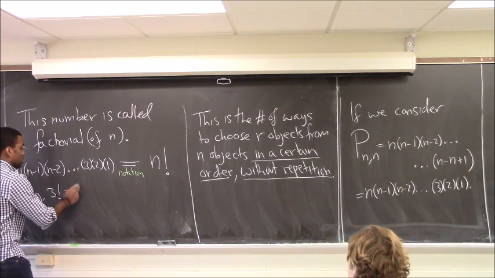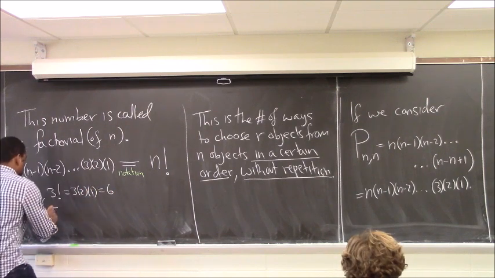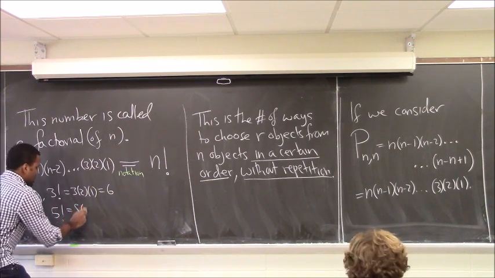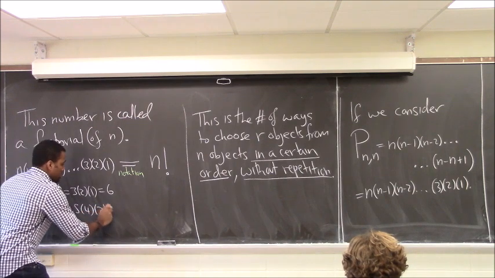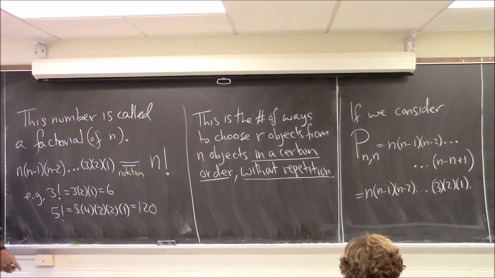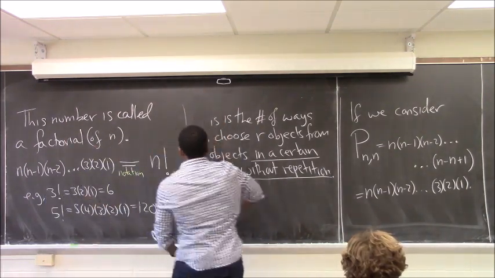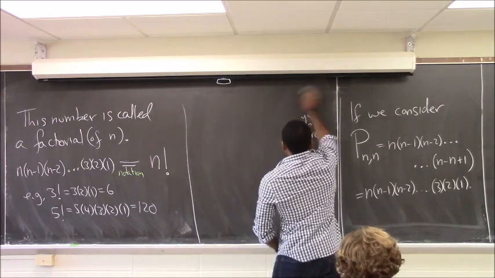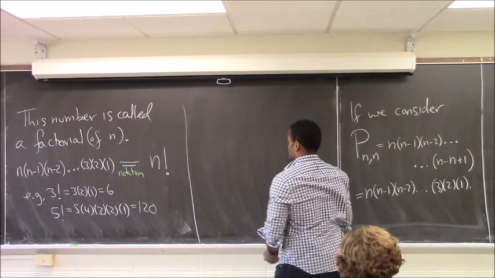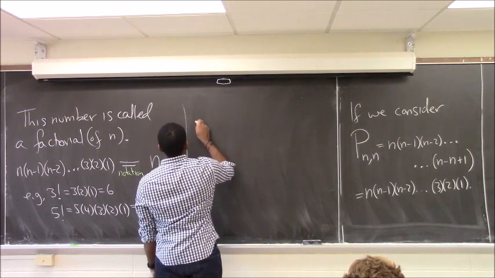Well, that is just 3 times 2 times 1. That's the number 6. What is 5 factorial? Well, that's just 5 times 4 times 3 times 2 times 1. That's 120, etc. That's called 3 factorial. That's called 5 factorial. That's the first thing I want to tell you about this particular number. And here's what it means.